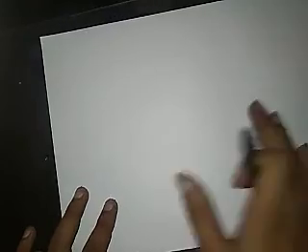So let's see how we are going to analyze that structure. We can analyze that truss by two methods.